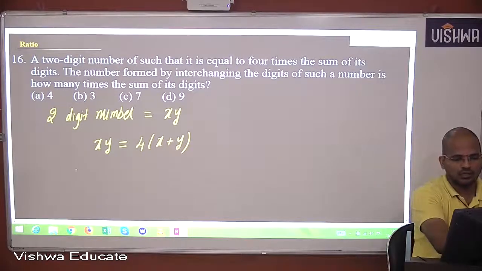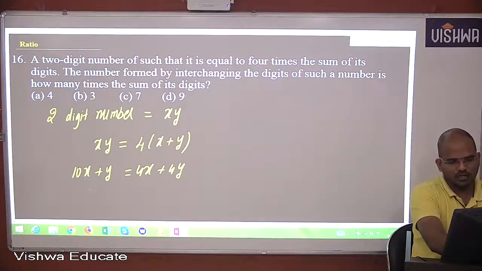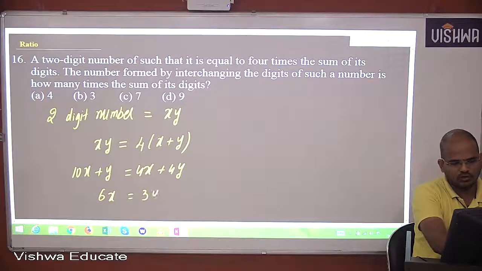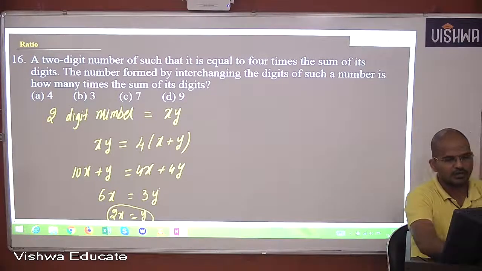Now this would be 10x plus y, that would be 4x plus 4y. So 6x is equal to 3y, so 2x is equal to y. So this is the relation between x and y.